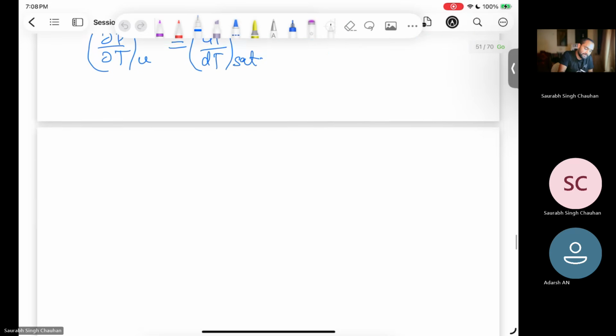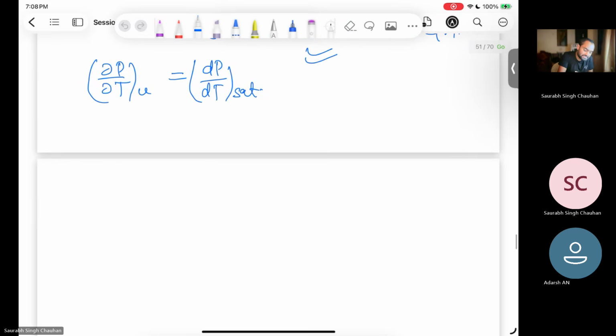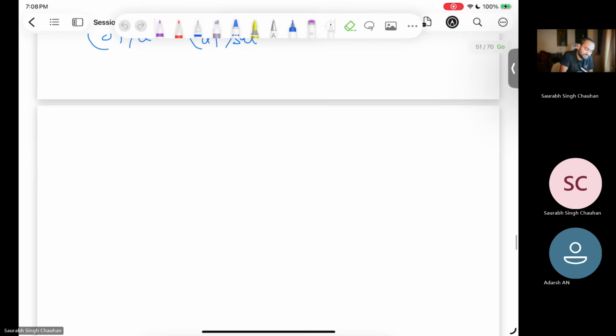Okay, this dP by dT is basically the slope of the PT lines during phase change. If you remember, these lines look something like this.